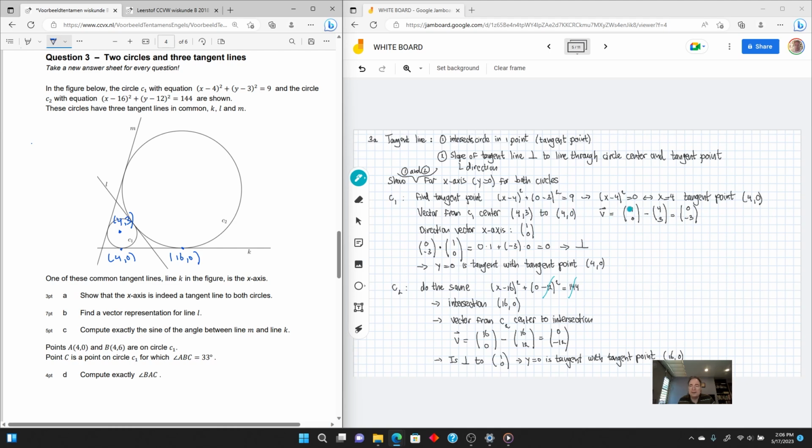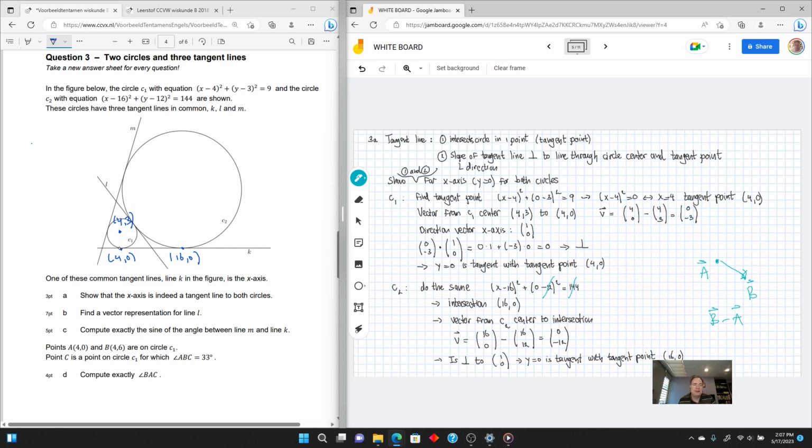The vector that goes from one point to another point, say I have a point A and a point B, this vector is simply B minus A. So the vector pointing from 4, 3 to 4, 0 is 4, 0 minus 4, 3, which is 3 minus 0 minus 3.